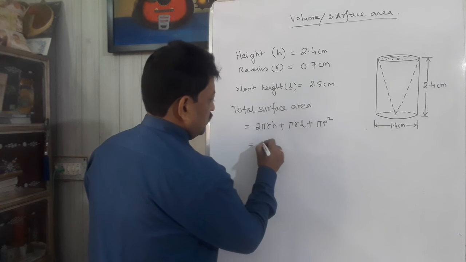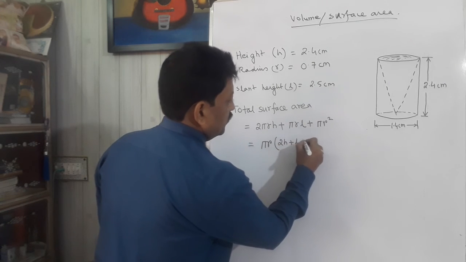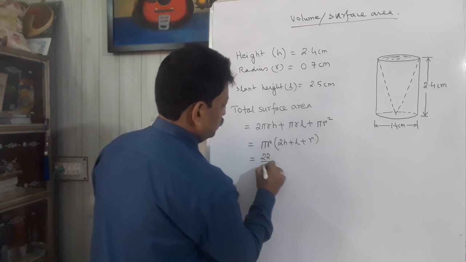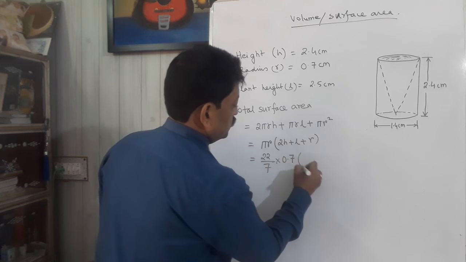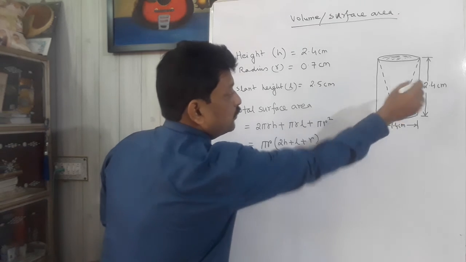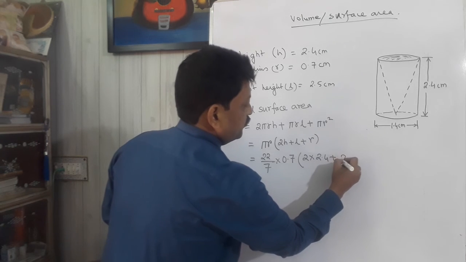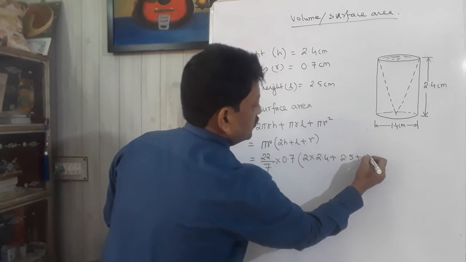So pi r is common, 2h plus L plus r. 22 upon 7, r is 0.7, 2h means 2 multiplied by 2.4, L is 2.5, and r is 0.7.